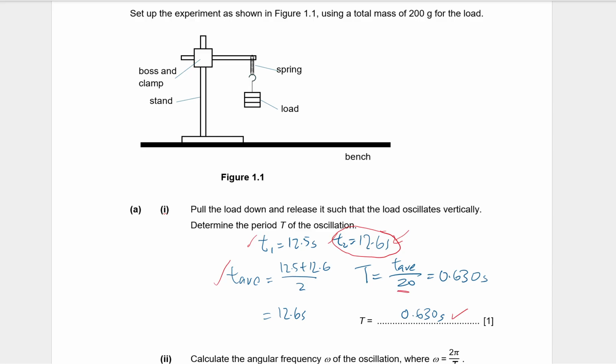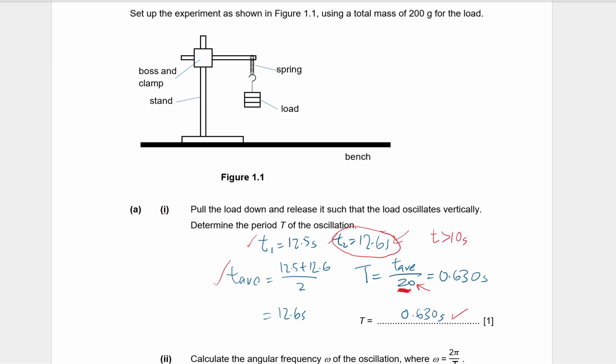Right here, through the calculation, I already showed that I actually took 20 oscillations. Now, how many oscillations you're supposed to take is a function of how many oscillations is required to get small t above 10 seconds. So if you had tried 10 oscillations, which I would have tried first, you will get something like 6.3 seconds, which is below 10 seconds.